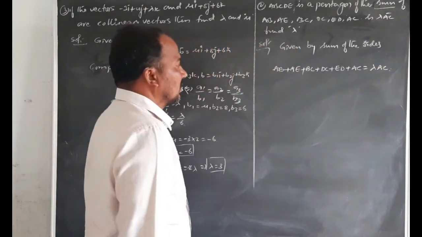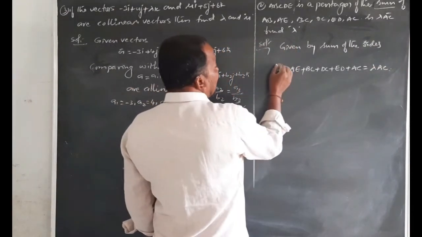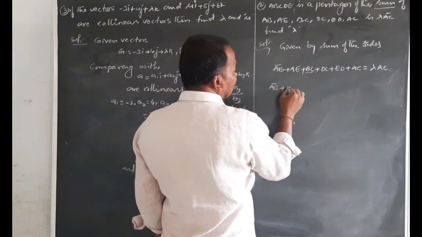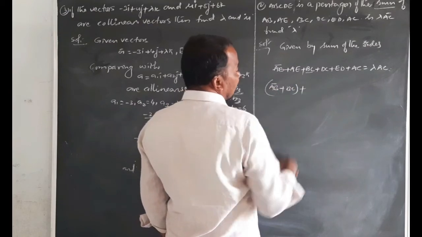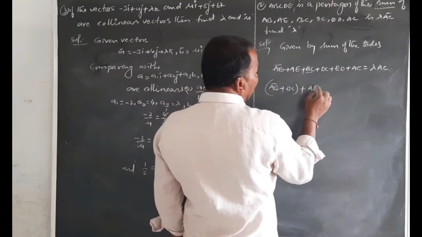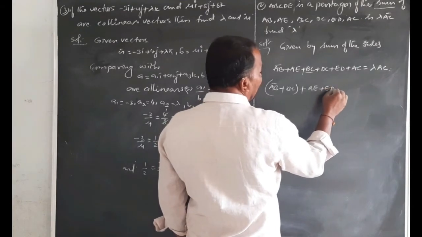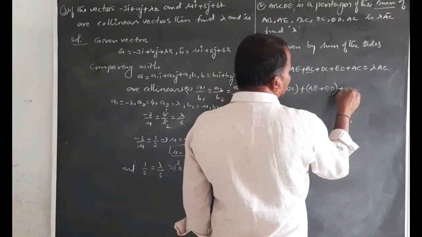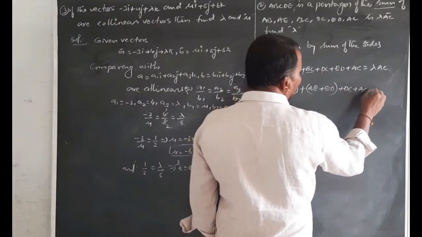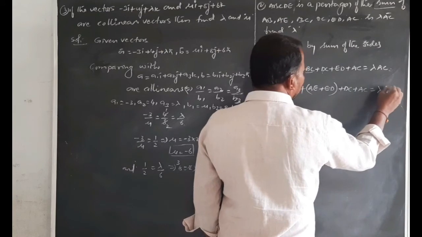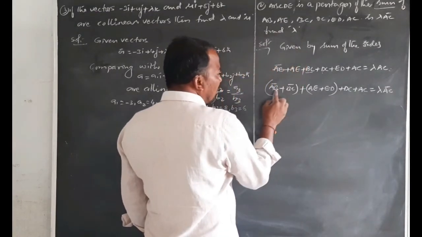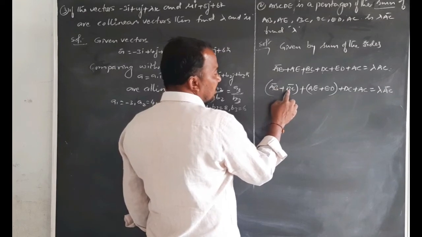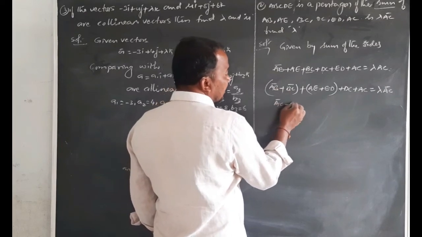Given AB vector, next begin with B, BC, write in the same place, plus AE, begin with E, plus ED, write in the same place, plus DC plus AC equals lambda AC. AB plus BC, by using triangle law, B is common, cancel, gives AC.